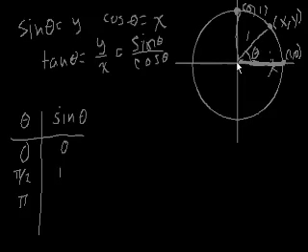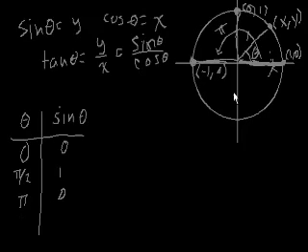At pi radians, we intersect the unit circle at -1, 0, because once again, this is the unit circle. At -1, 0, what's the y coordinate? Well, it's 0. So sine of pi is equal to 0.